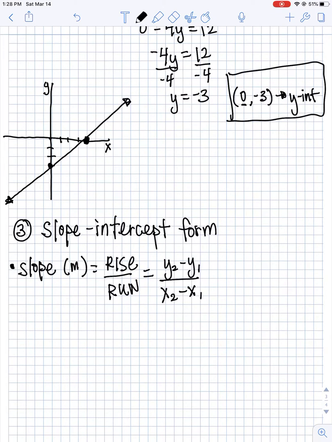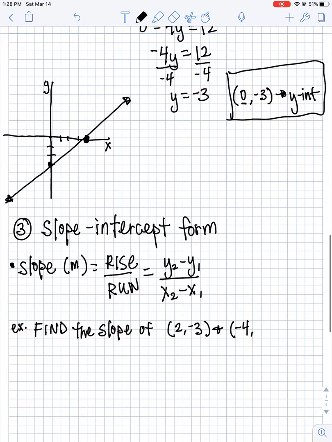Okay. And so before I can ask you to graph a line in slope-intercept form, I'm going to give you an additional example. So the problem could say, find the slope of 2, -3, and -4, 5.